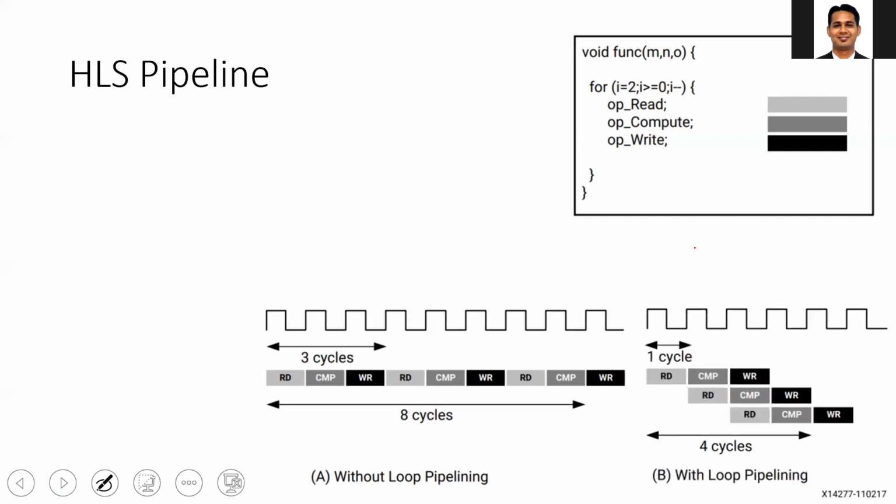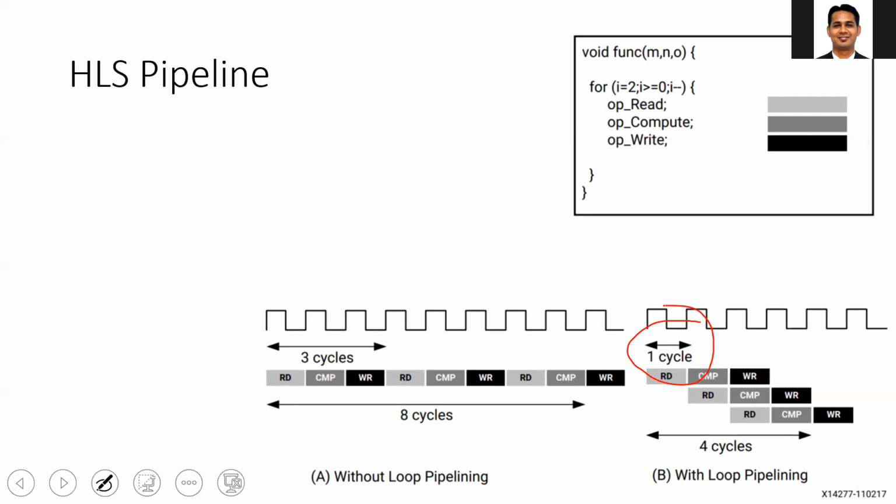Now coming back to the pipelined version. In the pipelined version, you can see that I'm starting each iteration of the loop every new clock cycle. That means I'm reading new samples at every clock cycle, so my initiation interval is 1. And you can see that my loop execution is completed at the end of the 4th clock cycle.